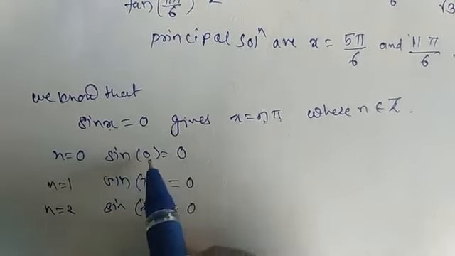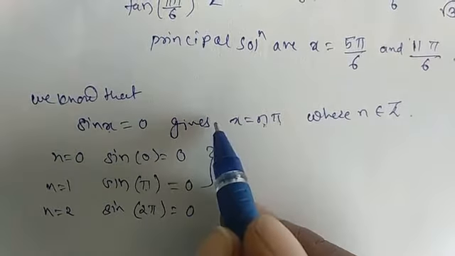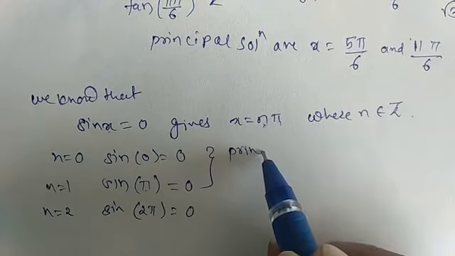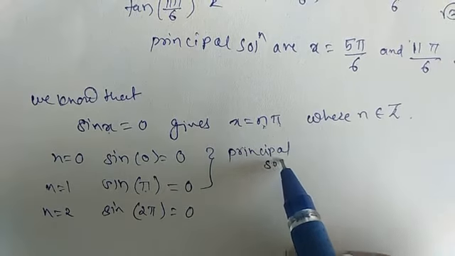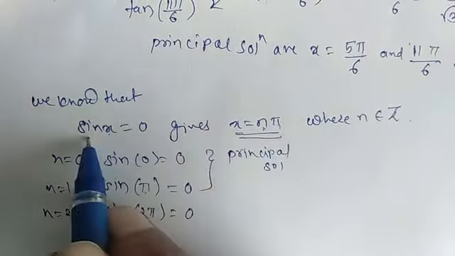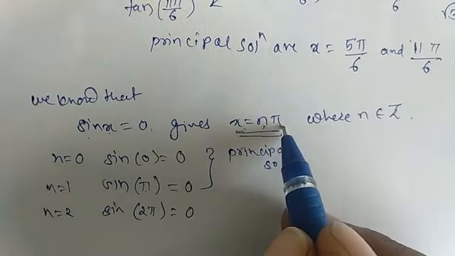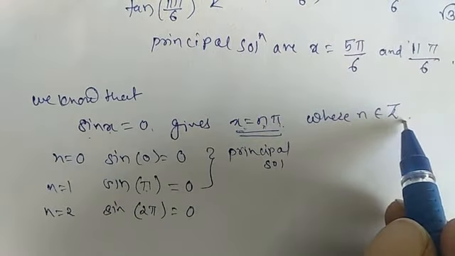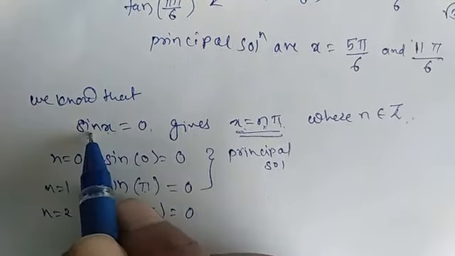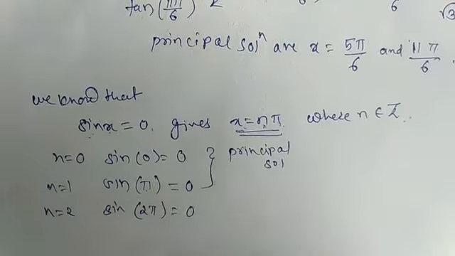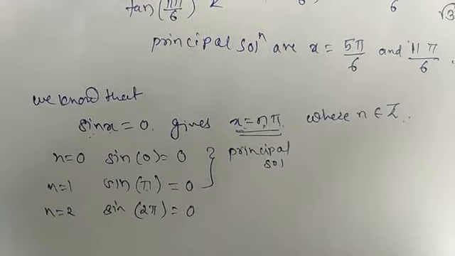But in this case the principal solution will be, it is our general solution, x is equal to n pi, sin x is equal to 0, for x is equal to n pi, where n belongs to z is our general solution. Now the principal solution of sin x is equal to 0, we have to find in between 0 and twice pi.